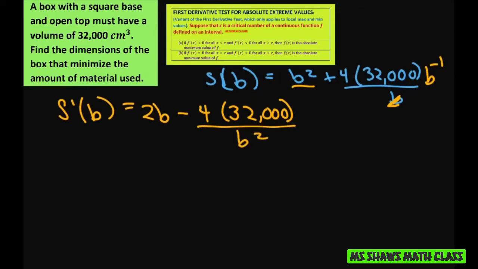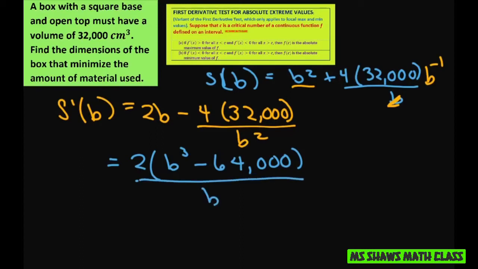All right. Now, we can simplify this as equals 2 times B cubed minus 64,000, factor out a 2, divided by B squared. So I just made this B squared. I put everything over the same denominator.